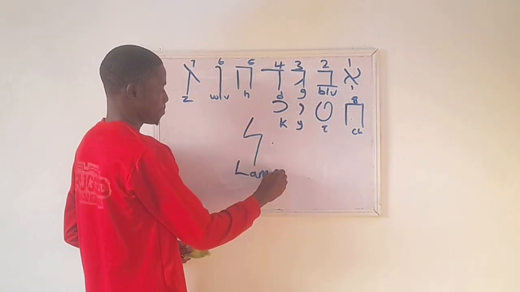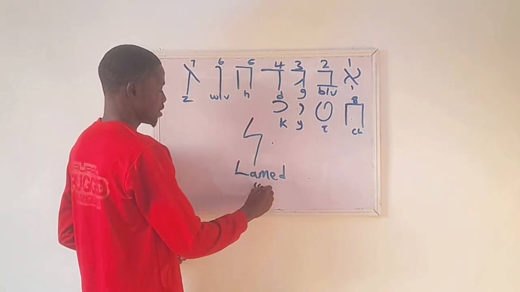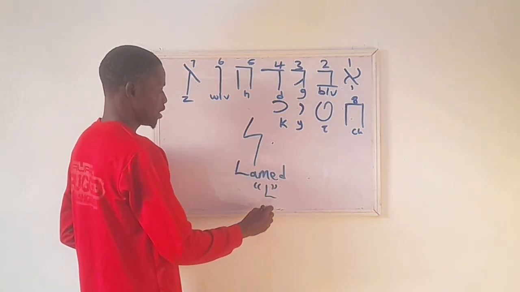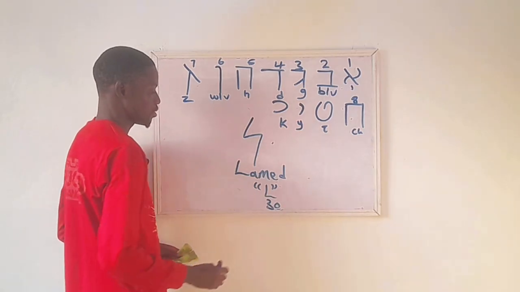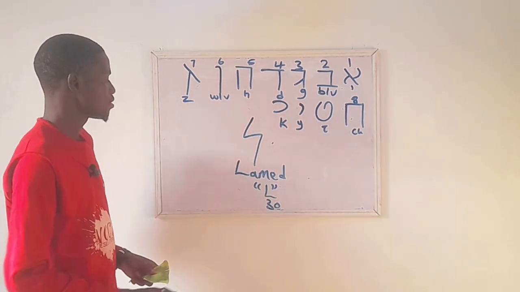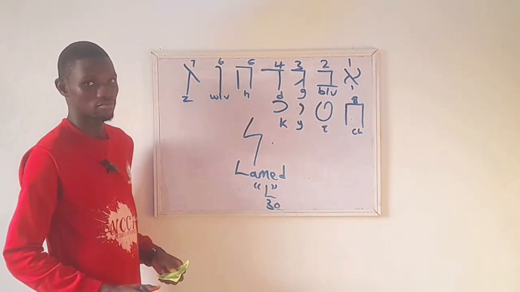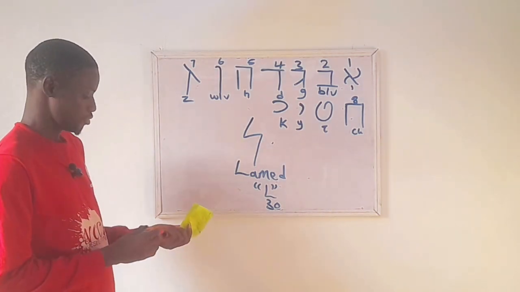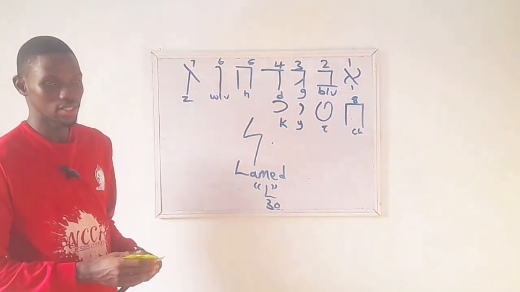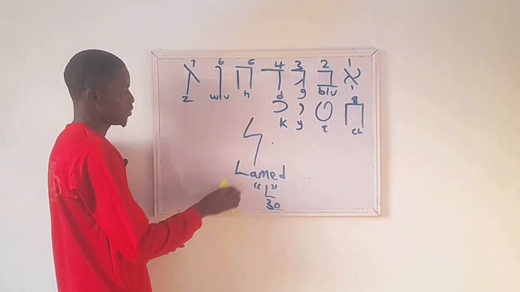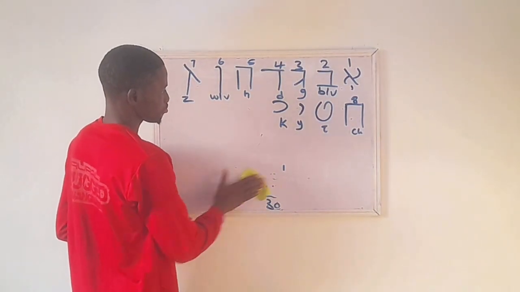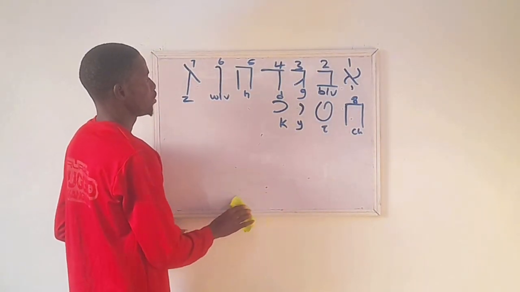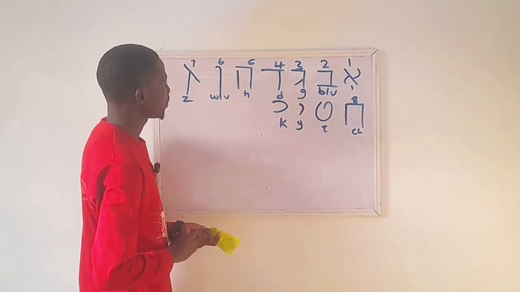That's the English equivalent of L, and that's number 30. Okay, this is how you write L in Hebrew. Lamed.